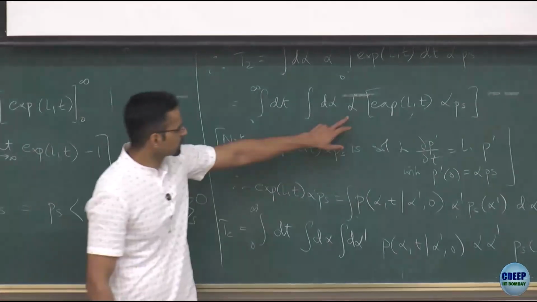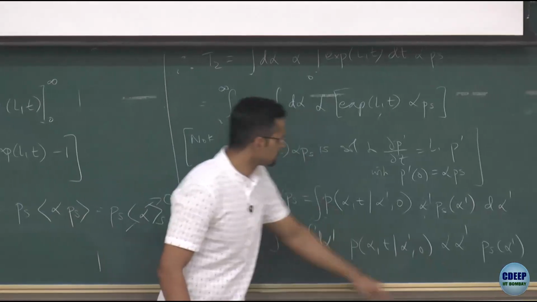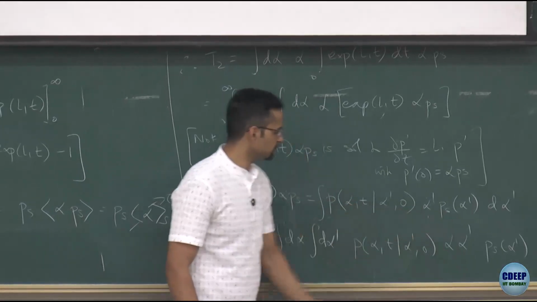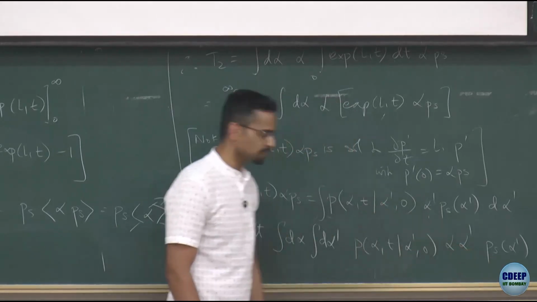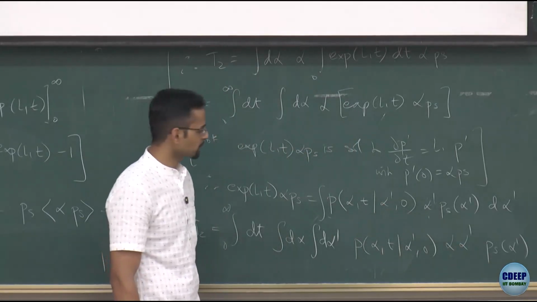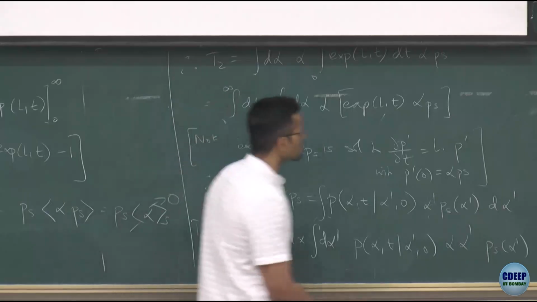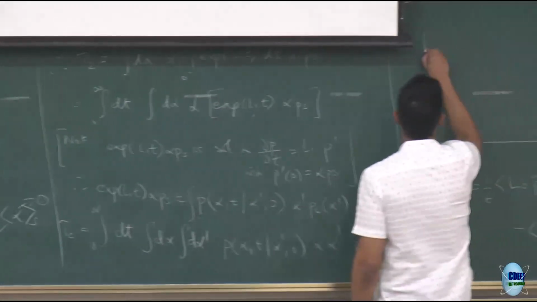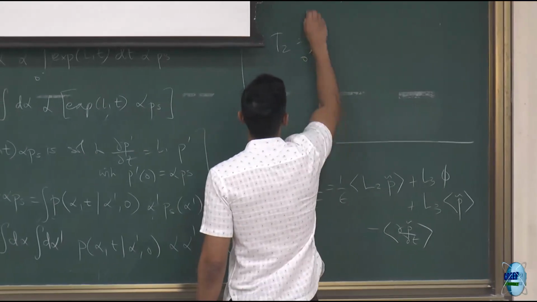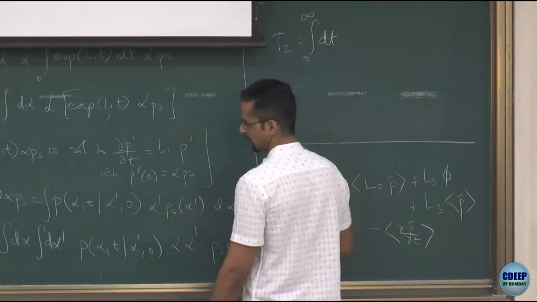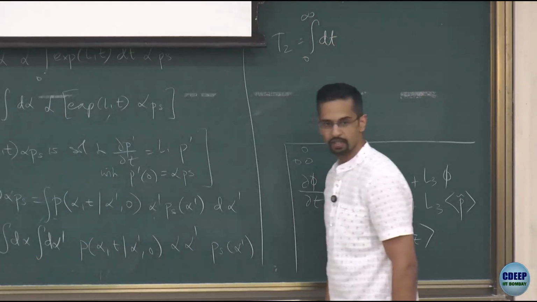So one alpha was sitting here, that alpha is there, and this alpha prime came here, and I'm integrating with respect to the stationary distribution. Okay, so now what I will get finally is T2 as an integral 0 to infinity dt times now this stuff, which is an integral over alpha prime.